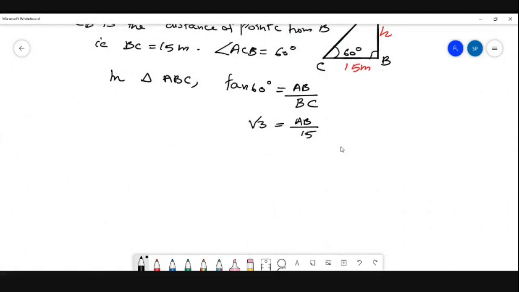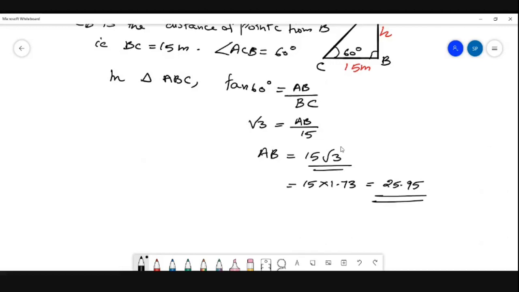Now on cross multiplication we get AB equal to 15 into root 3. If we apply the value of root 3 here, we multiply 15 into 1.73. Root 3 is 1.732, but for convenience we take two decimal places, so 1.73. That answer is 25.95.